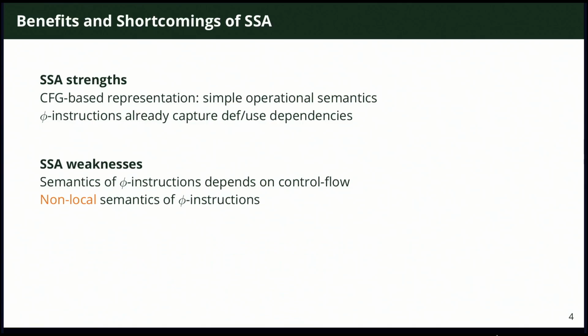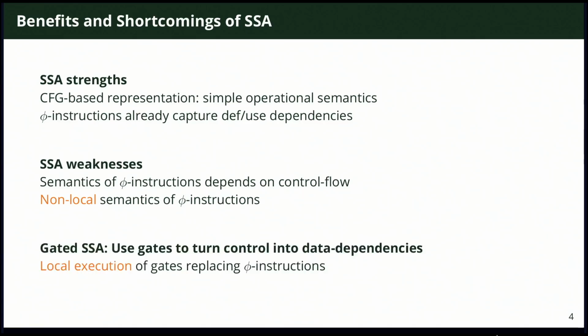And so this complicates things. If you want to have a pure data flow view of your program, it's not quite possible, because the phi instructions don't really encode this data flow information, and you can't just execute phi instructions based on just the program context.